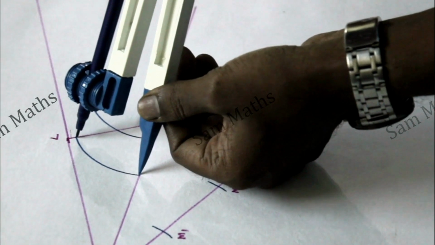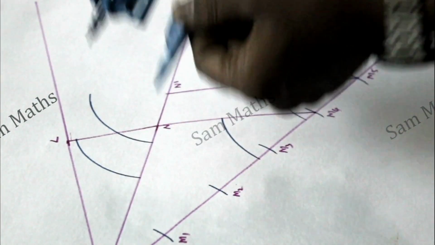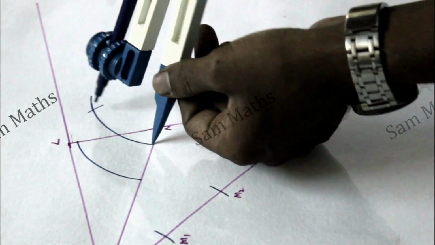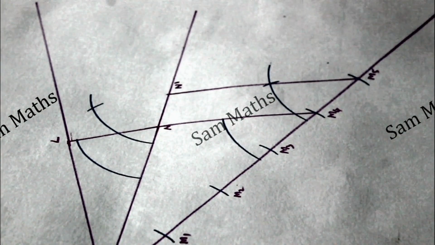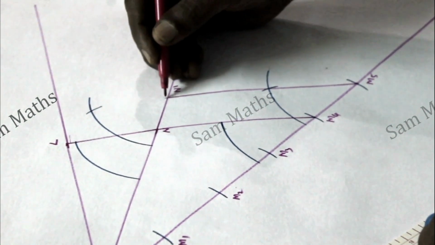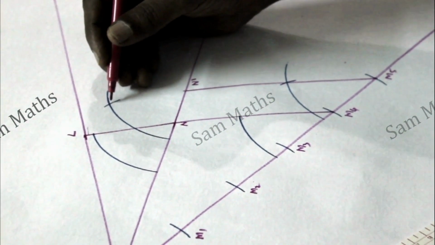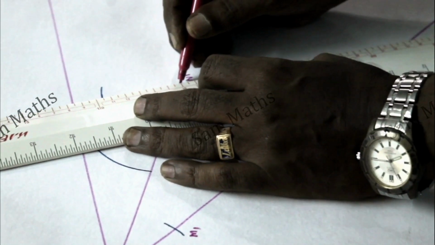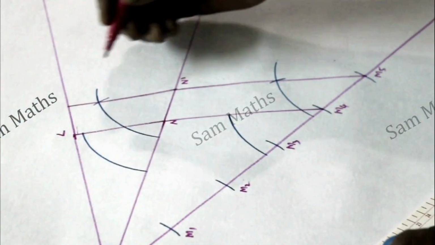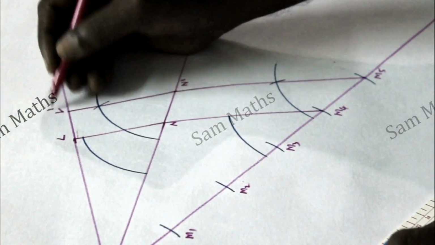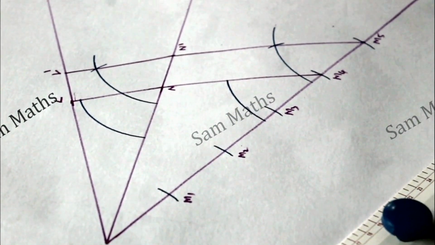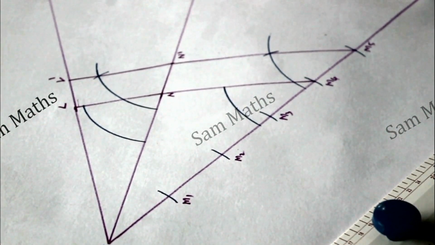Right children. After that, with this radius, you cut an arc in the second arc which we drew now, like this. Now we can join N dash and this point of intersection. Okay children, N dash and this point of intersection. Therefore, we are getting N dash L dash. Now it's very clear that LMN and L dash MN dash are similar required triangles.